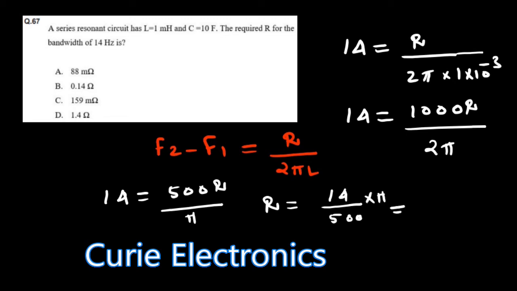If you simplify this, 14 multiplied by 3.142 divided by 500, you will get 0.0879 ohms, which, if you multiply by 1000, becomes 87.9 milli ohms. So the answer is option A, 88 milli ohms.